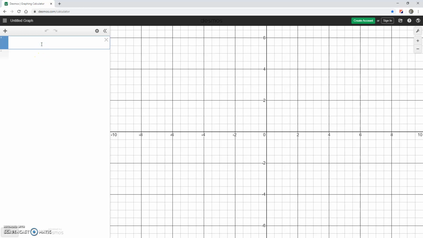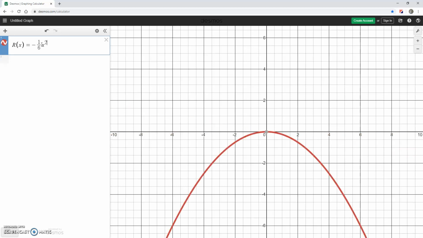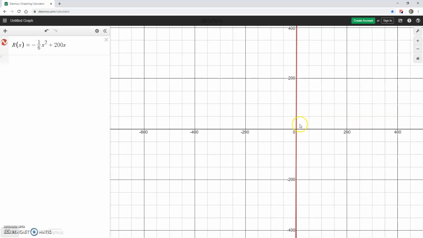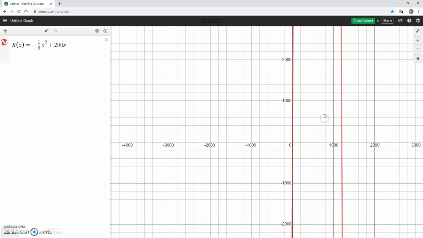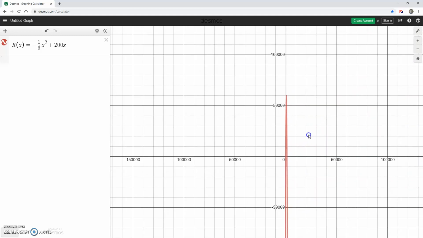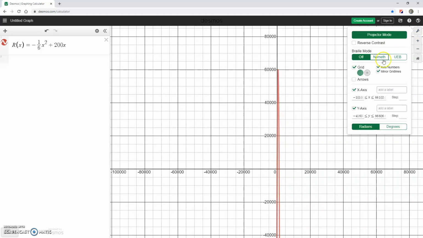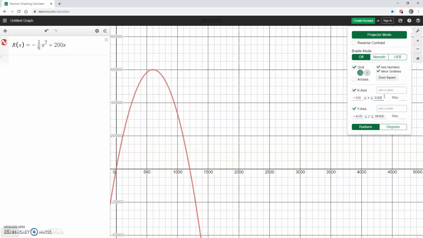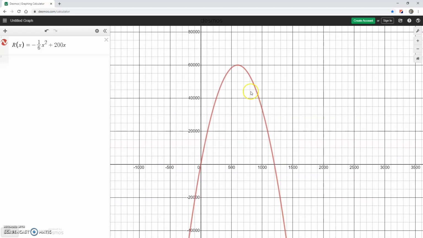So switching to Desmos, we can input that revenue function, and then adjust our viewing window until we start to see the shape of that parabola. I'm going to go ahead and adjust my x min and x max so that we can get an even better view here.